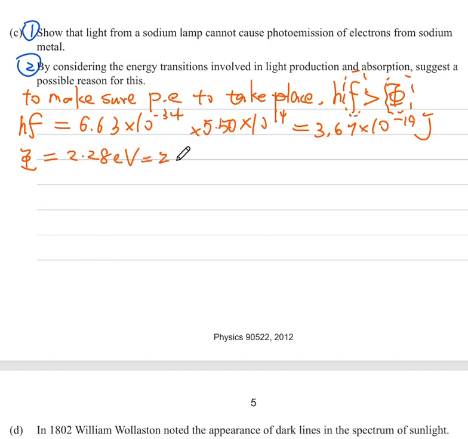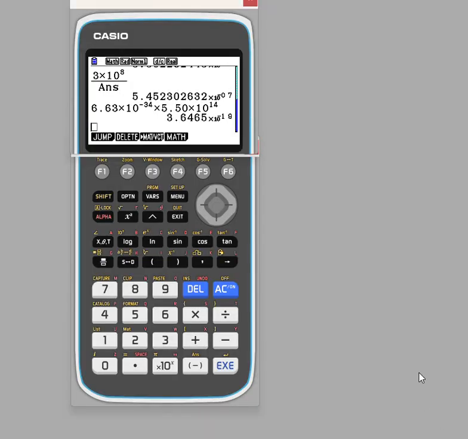It is going to be equal to how many joules? We can calculate it. This constant is how we convert eV into joules. So let's do some calculation on the calculator: 2.28 times 1.6 times 10 to the power of negative 19.